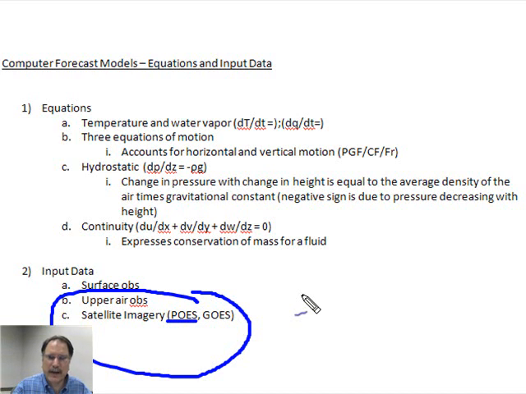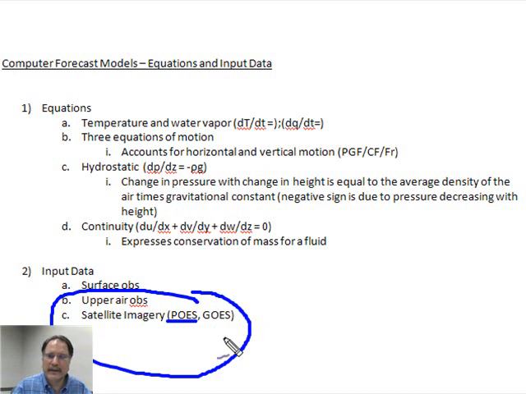For example, radiosonde data is very hard to get, of course, over the oceans and in certain parts of the world, especially near the poles. So we now utilize polar imagery to infer temperatures and moisture, for example, in some of the data poor regions. And this information is fed into computer forecast models.